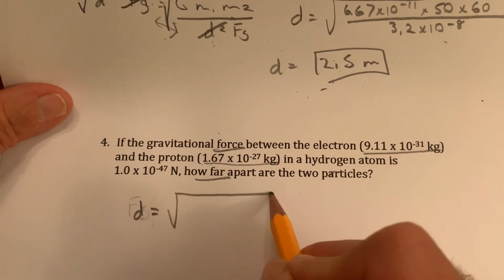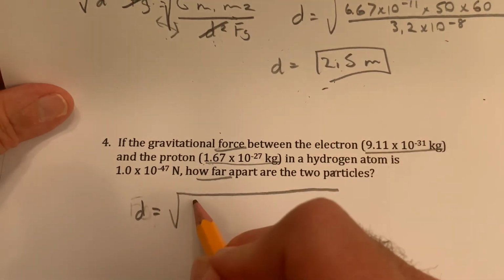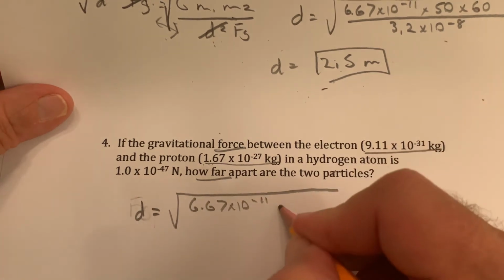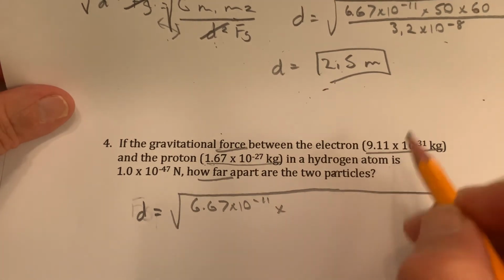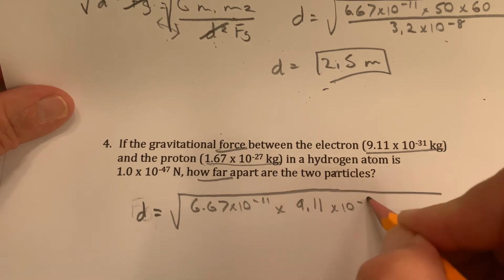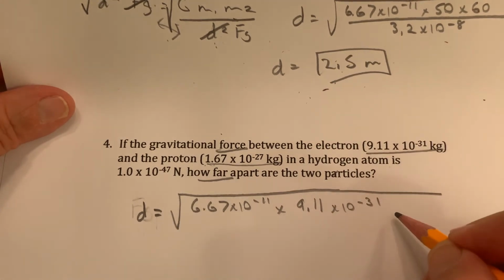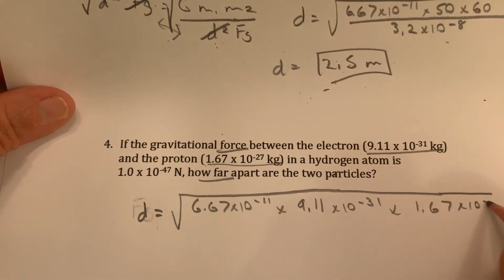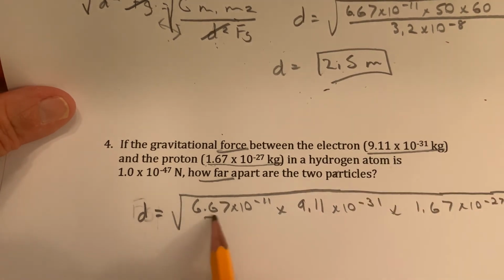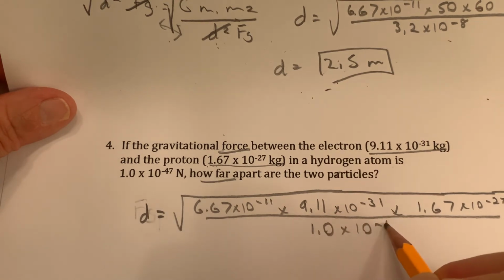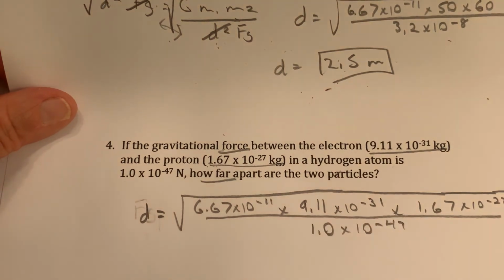D equals square root of G, which is 6.67 times 10 to the negative 11, times the mass of the electron, which is 9.11 times 10 to the negative 31, times 1.67 times 10 to the negative 27, all divided by the force of gravity between them, which is 1.0 times 10 to the negative 47.